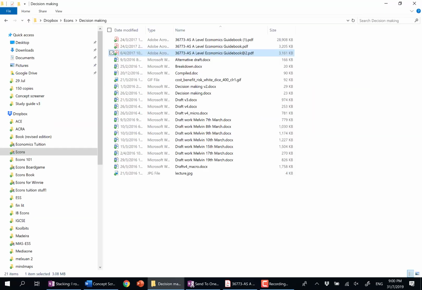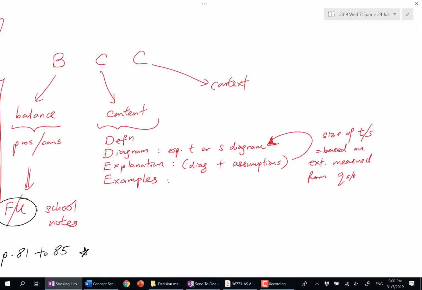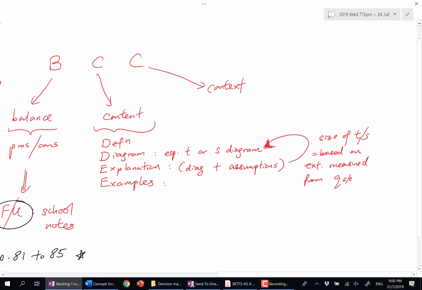Well, we come to this point where we realize there's balance, there's content, and there is a need for context as well. Context means market-specific analysis. I always say I cannot teach context.